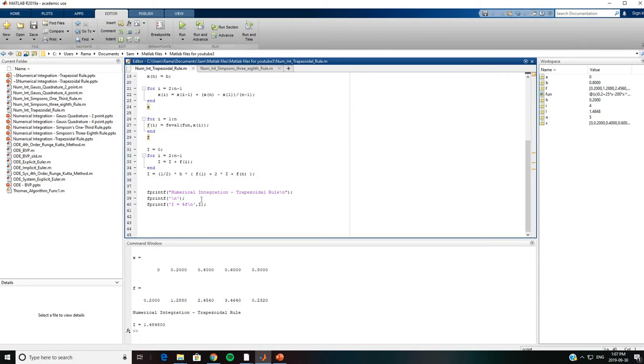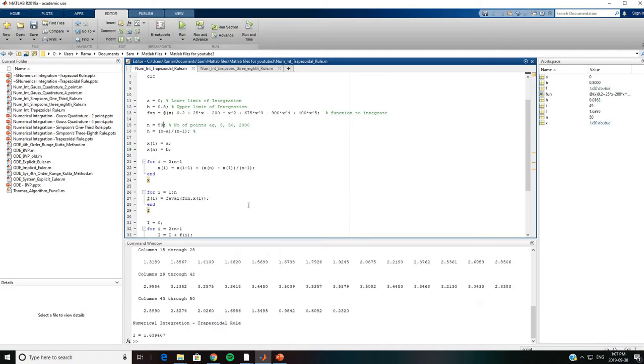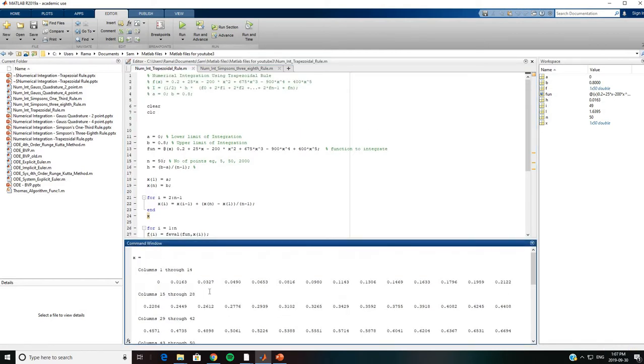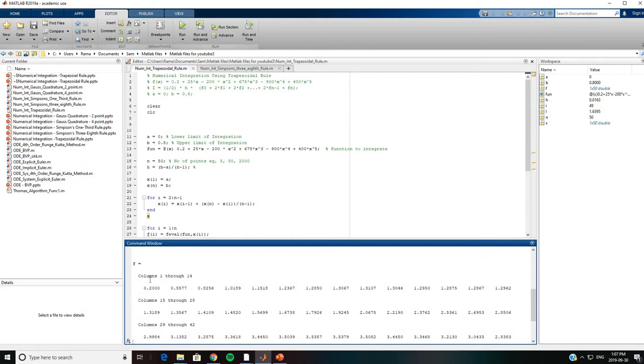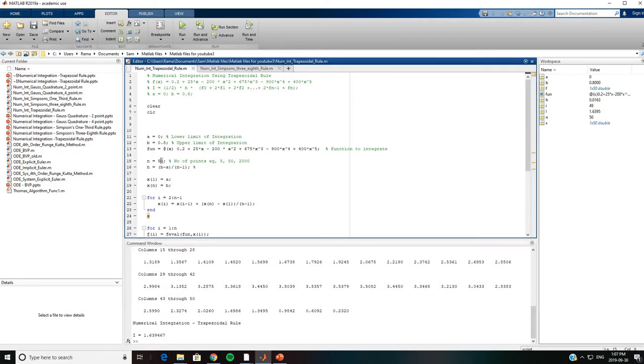Our true value is about 1.64. So there is some amount of error when you use the number of segments n equals 5, which is kind of low. We can now increase the number of segments from 5 to 50 and rerun this case. Here all these x values are given, and the function f of x at these values are given here, and the final integration value comes to 1.639467, which is close, but still there is a little bit of error involved.